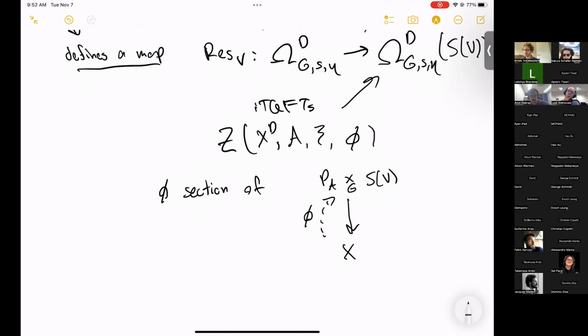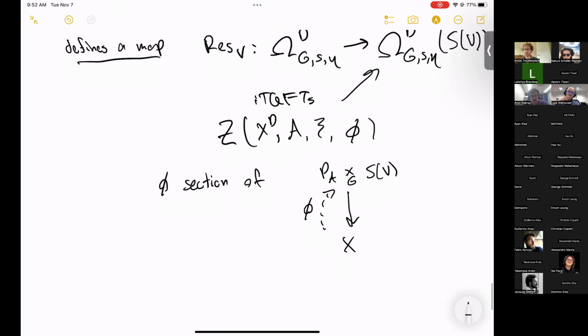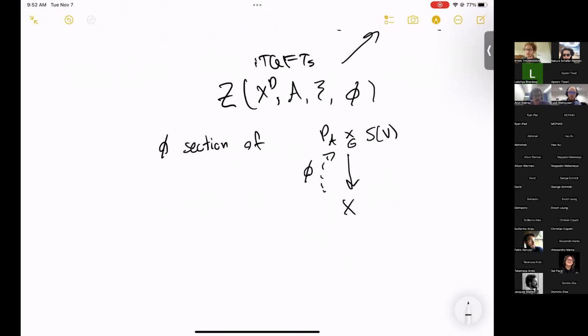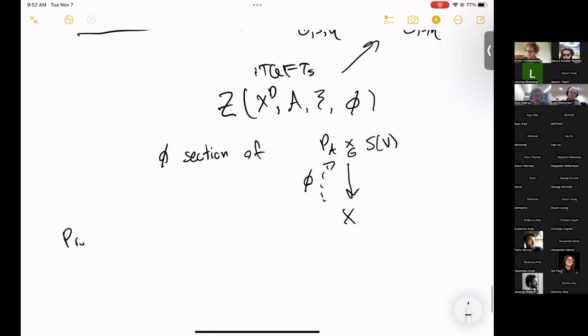So yeah, I don't have time to really illustrate this, but the proposition is that the image of the defect anomaly is the kernel of this residual family anomaly. So this residual family anomaly is exactly the obstruction to having a local V defect.